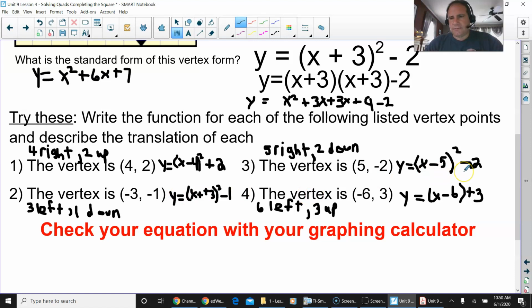Minus a negative 2, actually. All right, so, sorry, plus negative 2. And that's down 2. The vertex, negative 6, comma 3, is right here. 6 left, 3 up, and I converted it right here. And those are your answers.